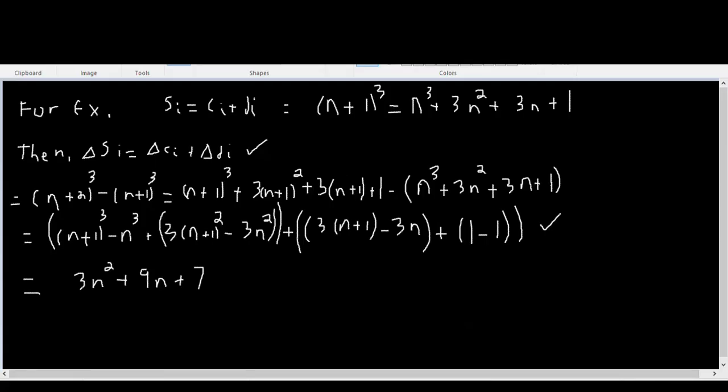That's a lot of algebra, canceling and finding all the like terms, but you can check for yourself. When we do all the canceling and gathering all the like terms, the right side of the equation goes to 3 times n squared plus 9n plus 7.